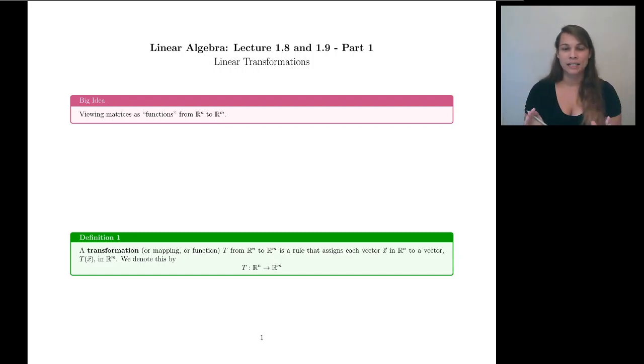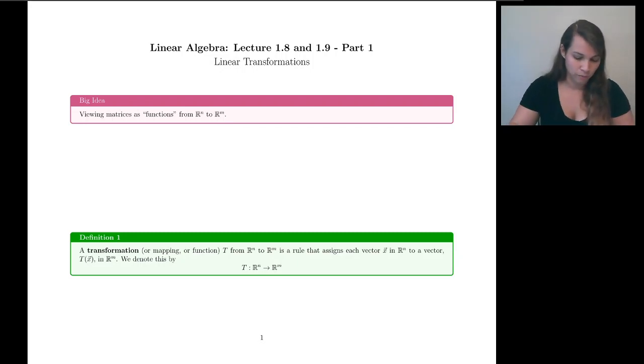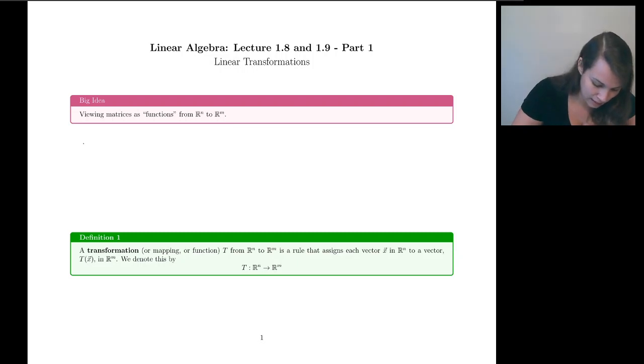Today, the big idea is we want to be able to view matrices as functions. Now that might sound a little bit weird, but we're going to say that A is an m by n matrix.